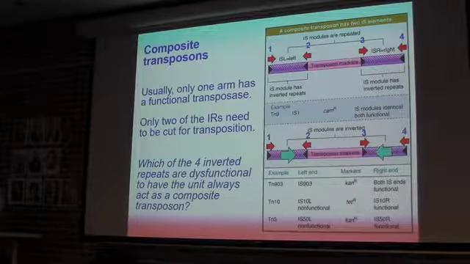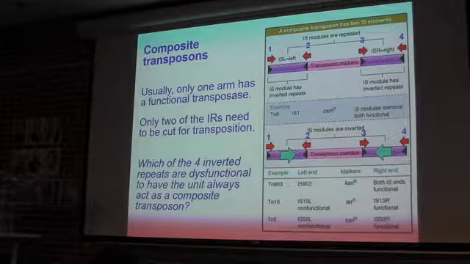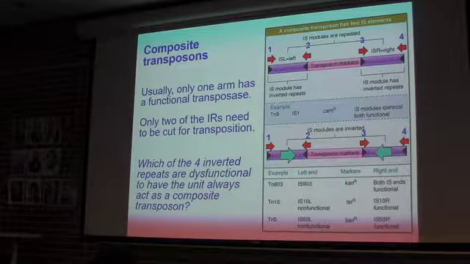Okay, and sometimes that principle appears on homework questions and on exams. Which of the four inverted repeats are dysfunctional in order to have the unit always act as a composite transposon?